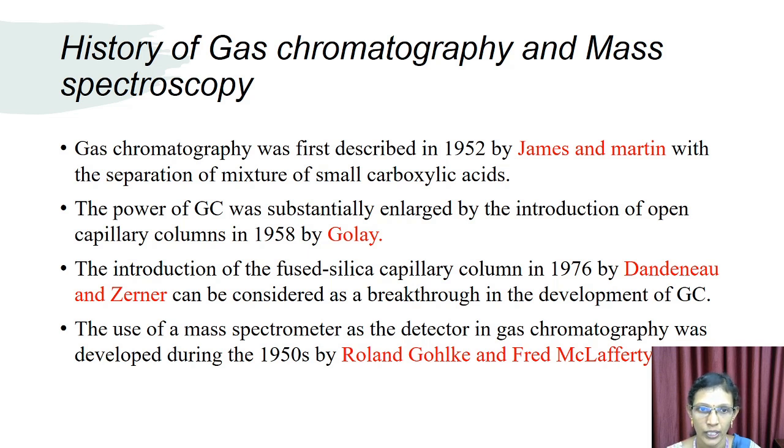In 1976, Dandeneau and Zerenner introduced the fused silica capillary column, which may be considered a breakthrough in the development of gas chromatography. It is a most important process. In 1950, Ronald and Gohlke used mass spectrometry as a detector in gas chromatography.